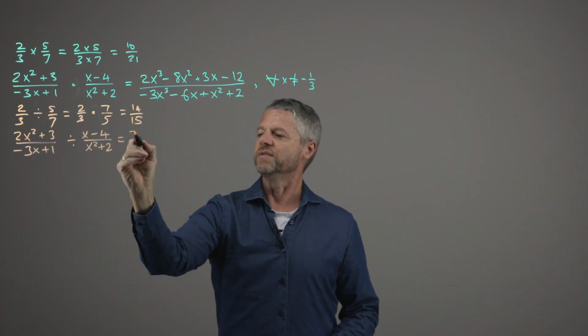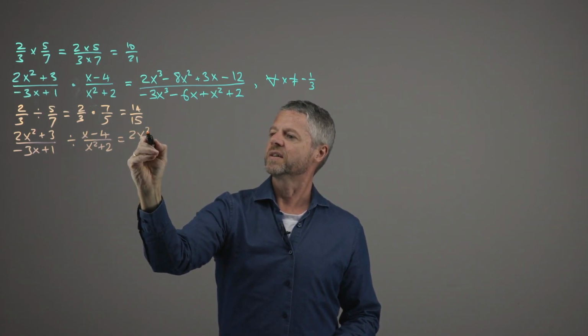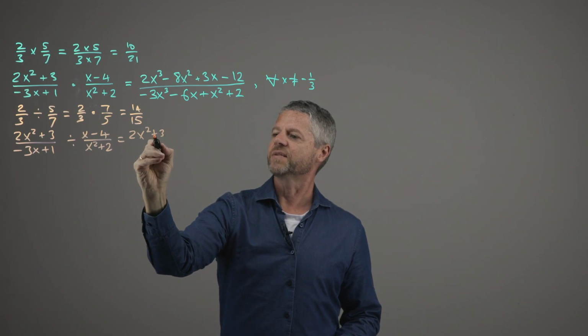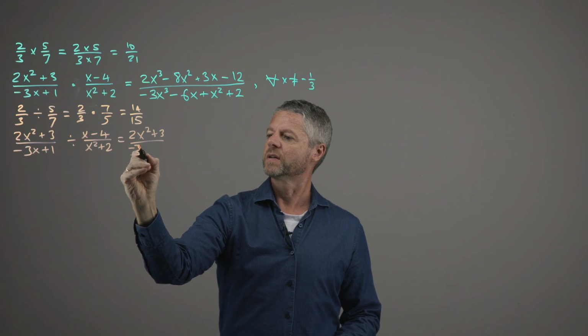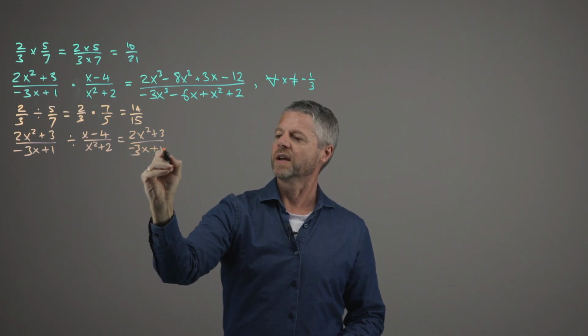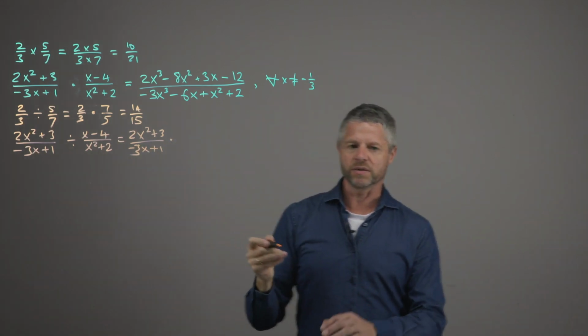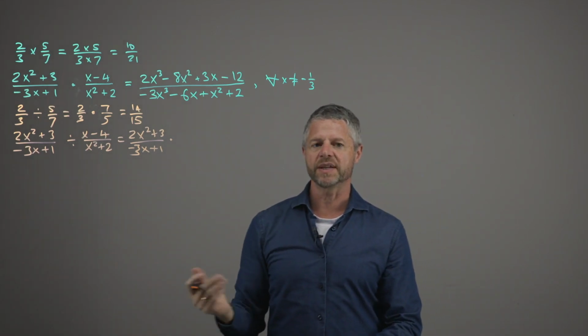So leave the first rational expression as it is, and then the second one, we turn it upside down. We take the reciprocal.